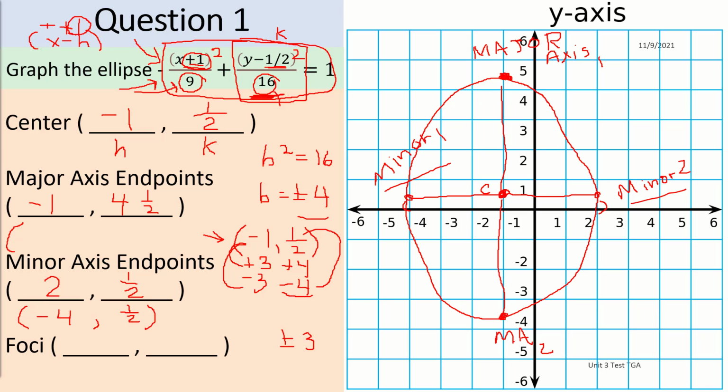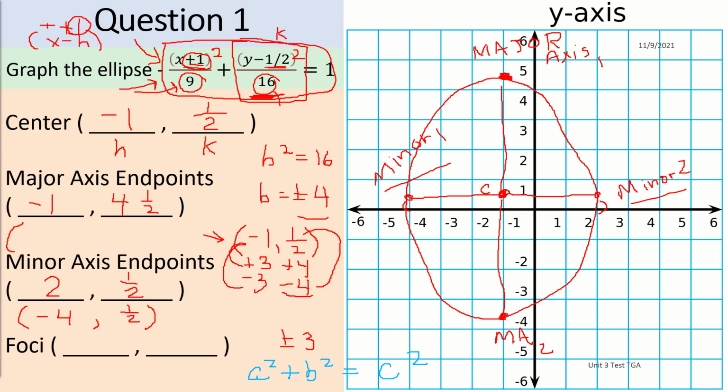Alright, now we need to calculate the foci, where the distance between the center, and we're going to go in the direction of the major axis. That's where the foci lie. So we're going to be going in the y direction, starting at the center. So we have a squared. Am I going to use this formula, a squared plus b squared equals c squared?